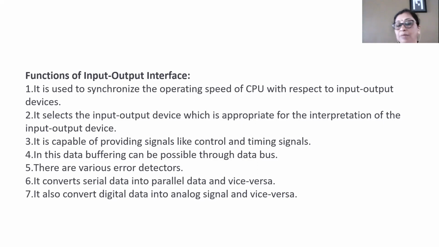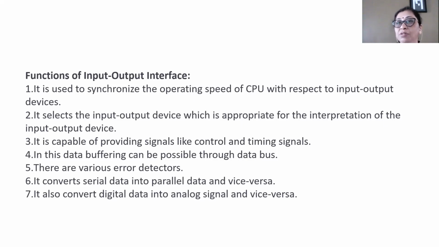So sometimes what happens, some peripheral devices are analog in nature. They are not digital, but CPU is digital in nature, and therefore there is need to convert analog data into digital. Okay, so the signals from peripheral device, if they are analog in nature, they must be converted into digital to communicate with central processing unit.